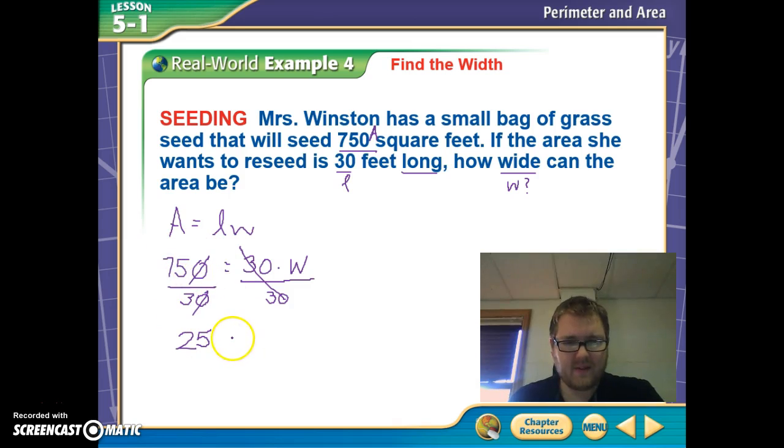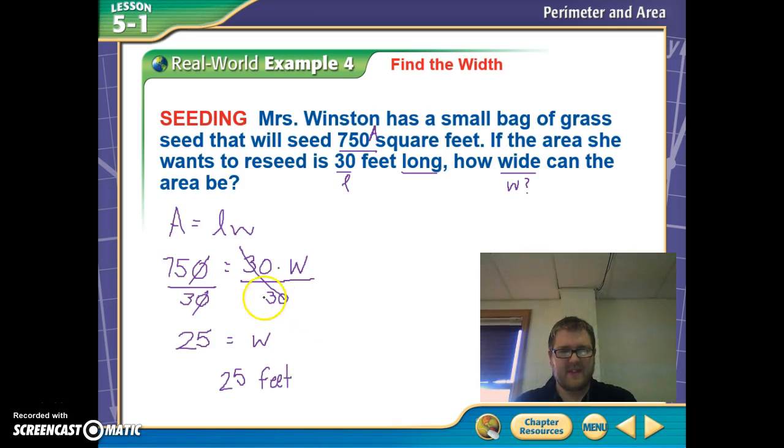That just simplifies our work a little bit. But we get 25 is the width, and again that's 25 feet. So let's think about that. 30 by 25, does it make sense that that would equal 750 square feet? Just put it in your calculator, 25 times 30, you should get that answer.